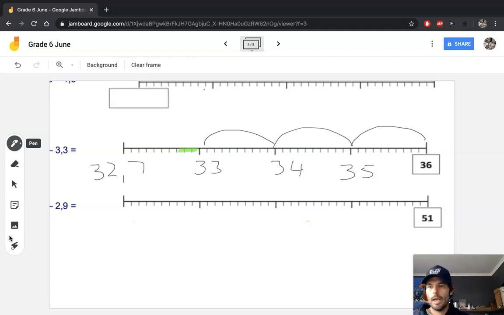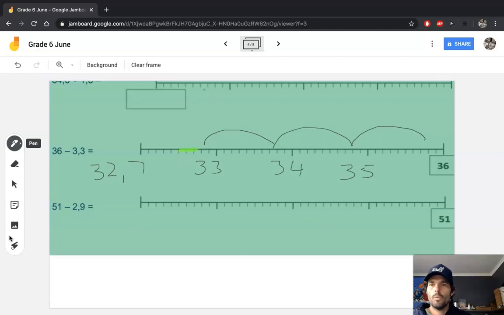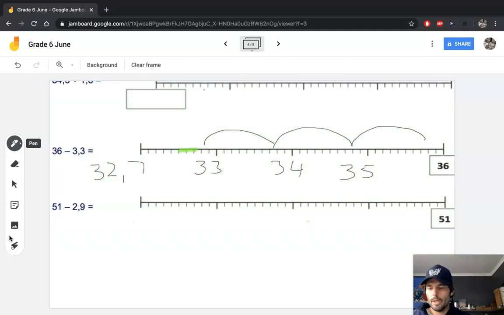Okay, and then the fourth example is 51 minus 2,9, and again we can go back the units first. So 51, take away that first unit, is going to give us 50. Take away that second unit, it's going to give us 49.